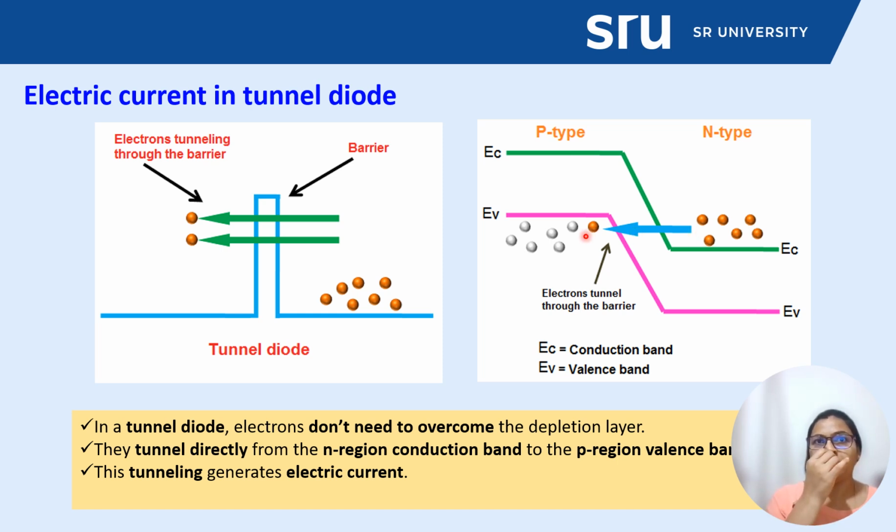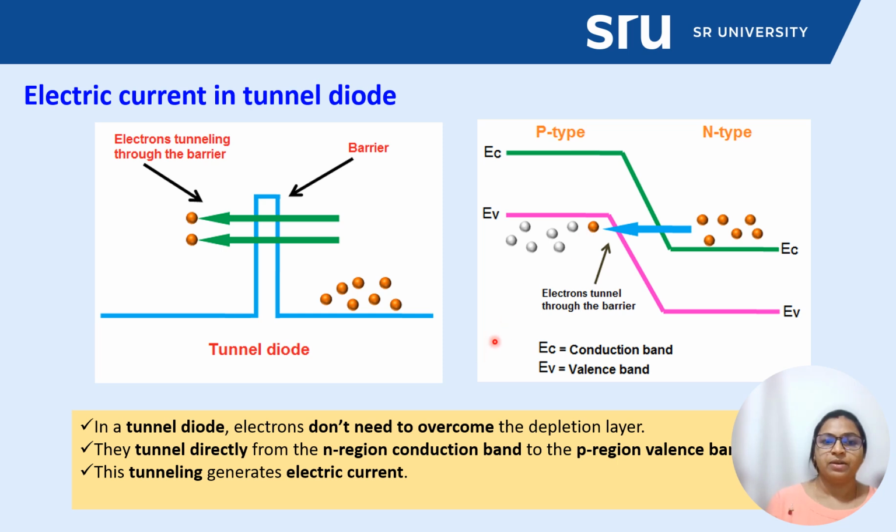In ordinary diodes, current is produced when the applied voltage is greater than the built-in voltage of the depletion region. But in the case of a tunnel diode, the scenario is a bit different: a small voltage which is less than the built-in voltage of the depletion layer is enough to produce the electric current.